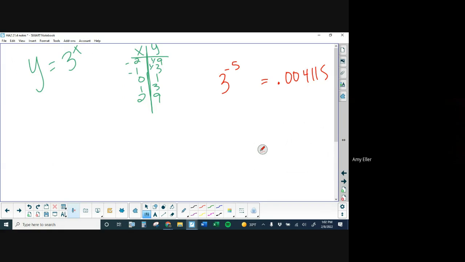Now do what I told you about negative exponents. I can put it in the denominator and it's positive. Type that in. 1/3 to the 5th. Works every time. So anytime you have a negative exponent, you can flip it.